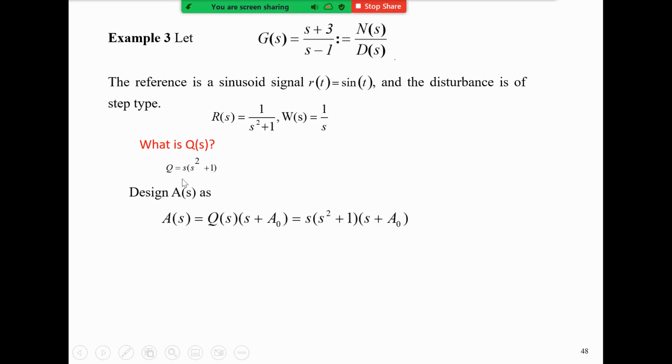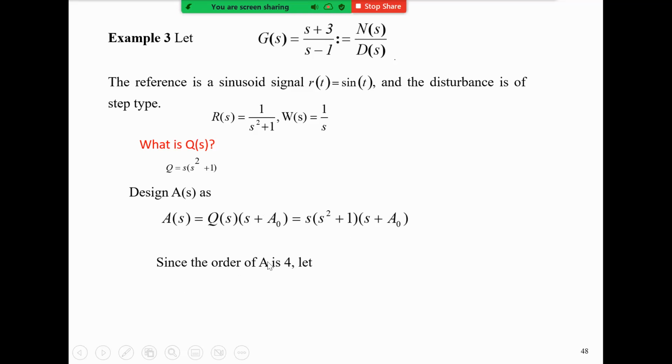Now here, I directly say my A, the denominator of my transfer function, has to include Q. Also, we want to have more design parameters. I also want to design a first degree polynomial. So I make this whole controller with an order of 4. Q is a degree of 3, plus another first degree polynomial.